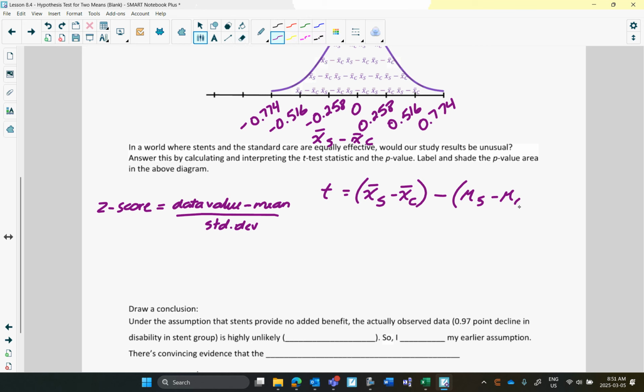This is what we assume to be true of the population. Divided by the standard deviation, but remember we called it the standard error of the difference in the sample. So the difference that we got in our sample, if you go back to the first page, is 2.26 minus 3.23.